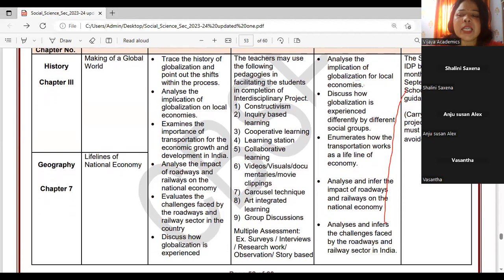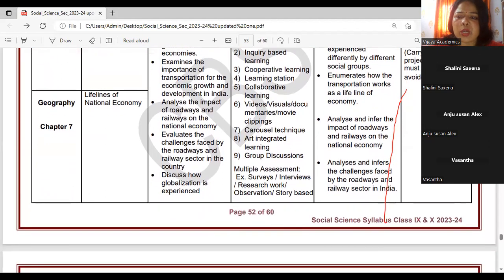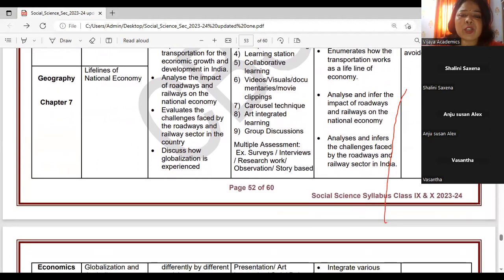It shows that as a teacher, you are going to help the students complete it in the school itself. That's why they have given 10 periods for the completion. Okay. Next, geography. In geography, lesson number 7, Lifelines of the National Economy, is part of this project. In this, again, all those points are given.